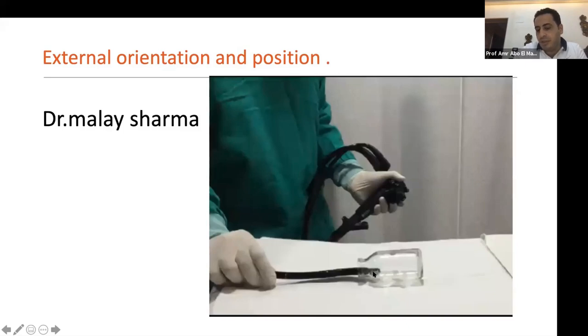If I rotate this 180 degrees, it will become posterior. 90 degrees above, here will be left lateral. In the same way, the opposite way will be right lateral. And I can put a band here and do my external navigation to the position of the echo endoscope.